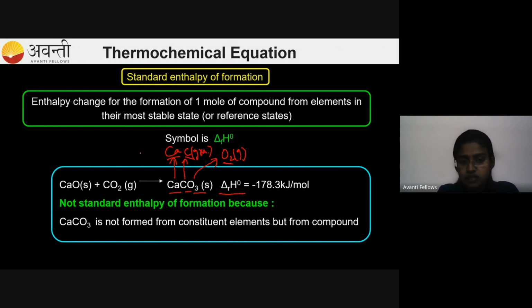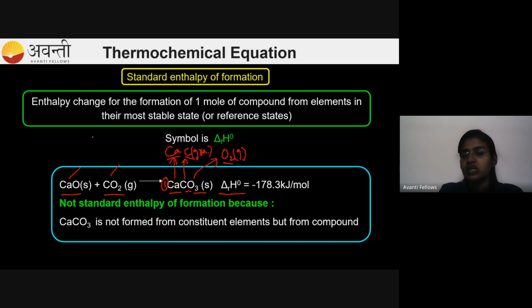But instead of this, we have calcium oxide, which is a compound, and also carbon dioxide, which is a compound. The 1 mole of calcium carbonate is formed, but it has not been formed from its constituent elements. Instead, it has formed from calcium oxide and carbon dioxide.